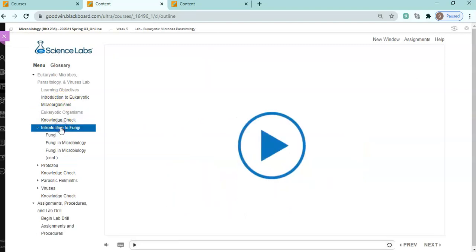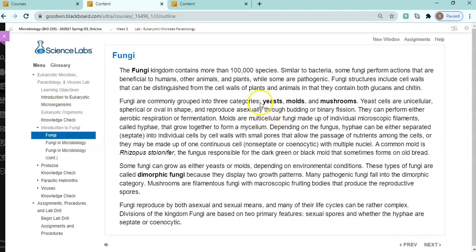As we get into this, make sure that you understand the context of fungi. We talk about things like the yeasts, the molds, and the mushrooms. Boldface terms are always important to know. Things like dimorphic fungi, because they can change the different pattern of growth that they exhibit based on the temperature that they're grown at. So please make sure that you review key information.